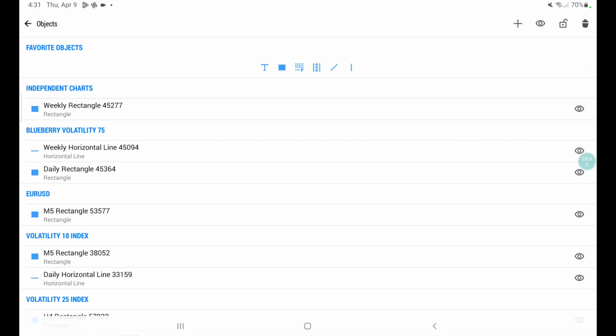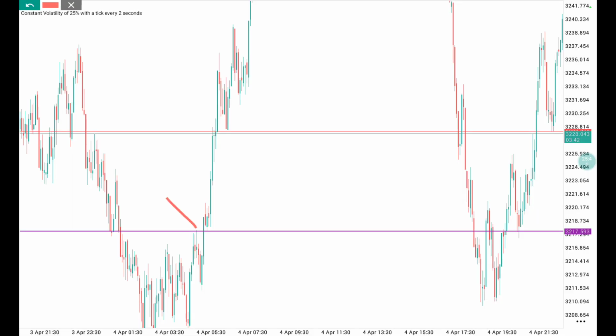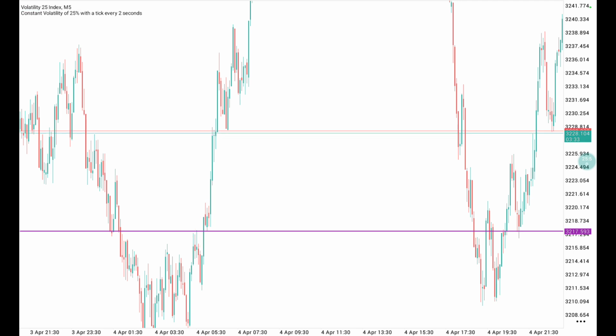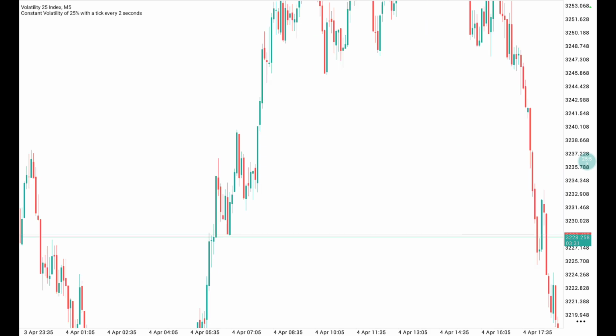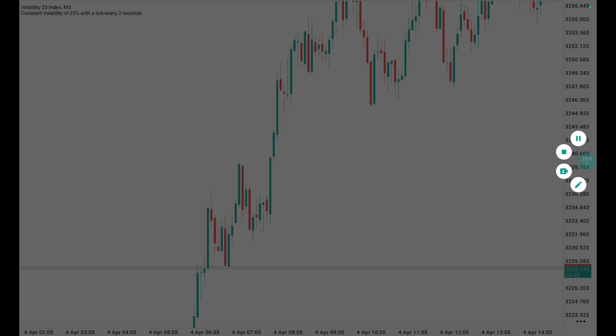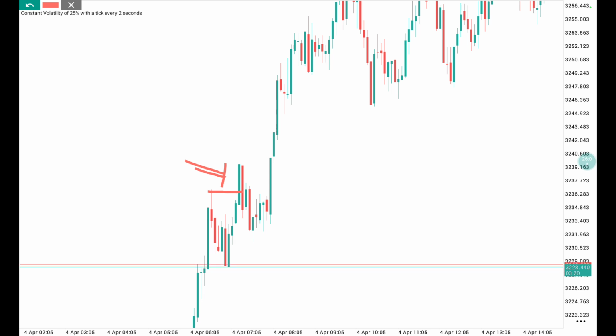Alright, so here, if you look at this high that was taken out, look at this energetic candle. So it is a good break of structure, a valid one. Alright, look at this one. The high was taken out by this energetic candle, so it is a valid break of structure.